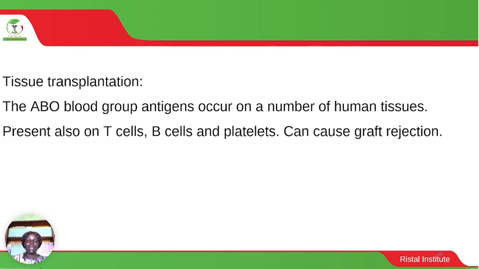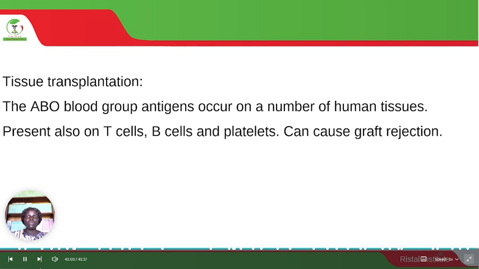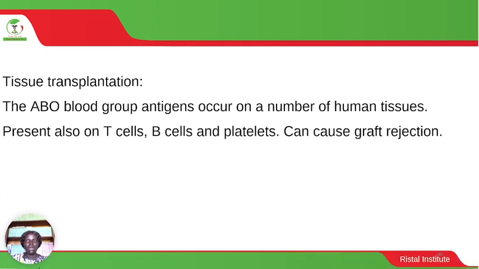So if someone has a different blood type and is given an organ of someone with also a different blood type, the organ may end up being rejected during tissue transplants. For instance, if someone is given a liver from a person who has a different blood type, it can cause that rejection, or a kidney and many others.